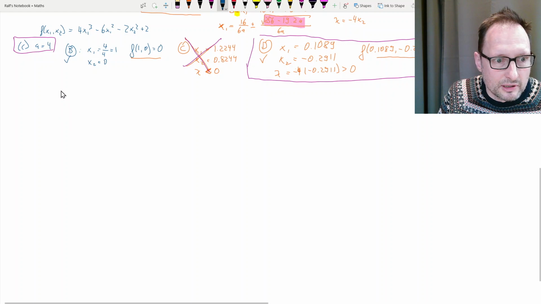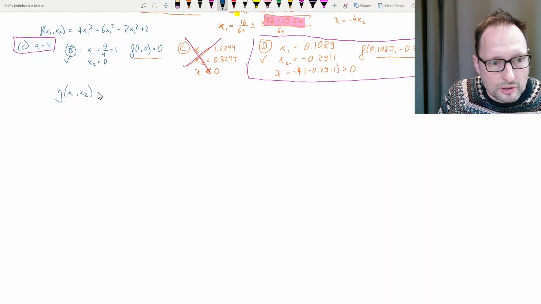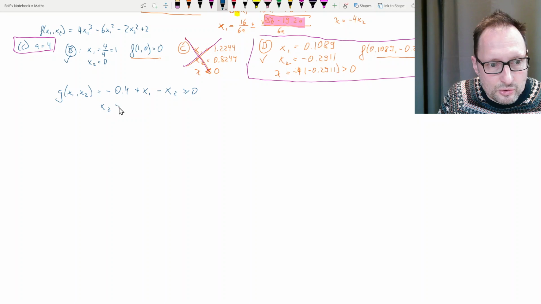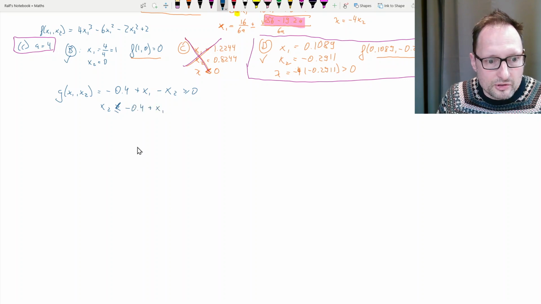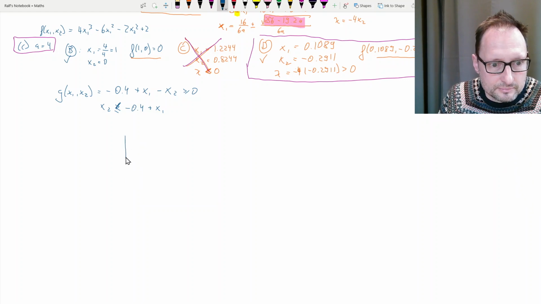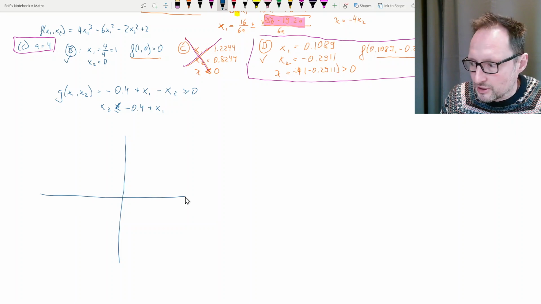The constraint, g(x1, x2), was that negative 0.4 plus x1 minus x2 was larger or equal to 0, or it was x2 is smaller or equal to negative 0.4 plus x1. So let's again have a little sketch, a little larger now.